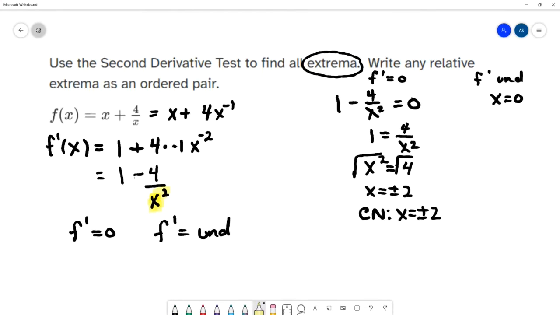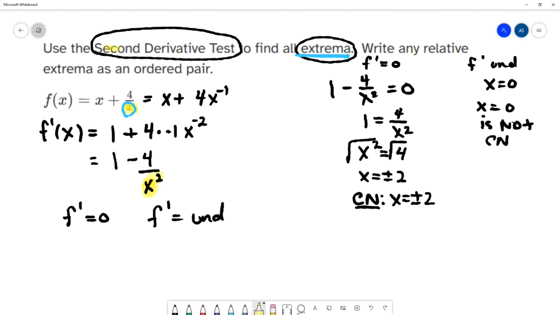But if we go back to the original function, 0 is also excluded from the domain of the original function, so it's not going to be a critical number. So it can't be a relative min or a relative max if we can't even plug 0 into the original function, so it's not a critical number.